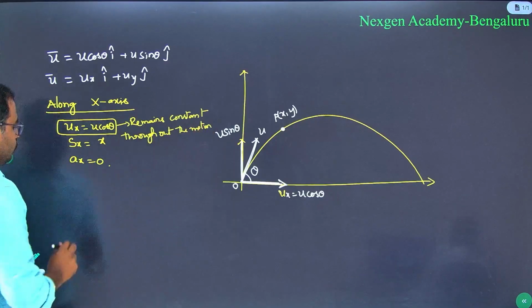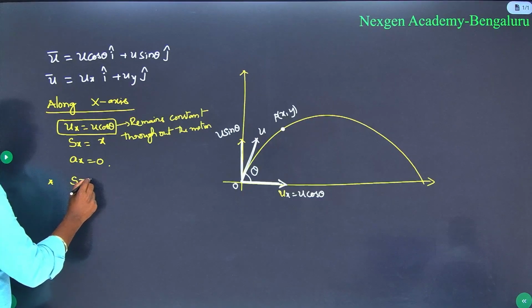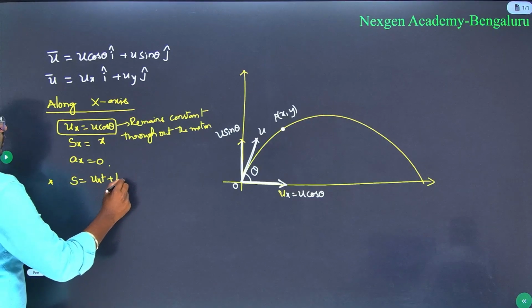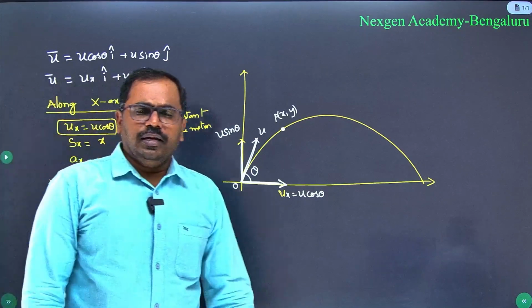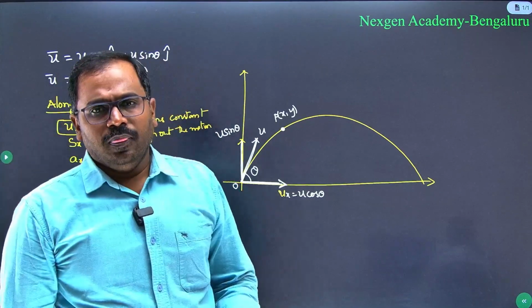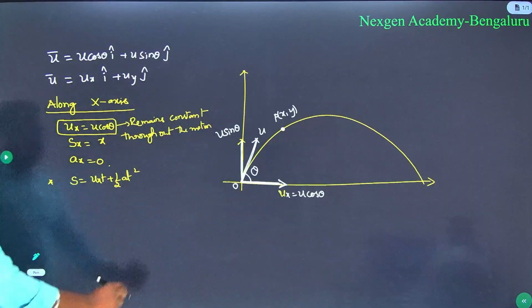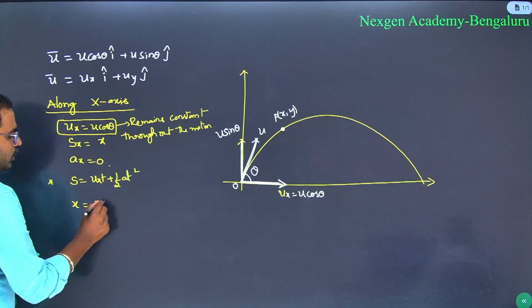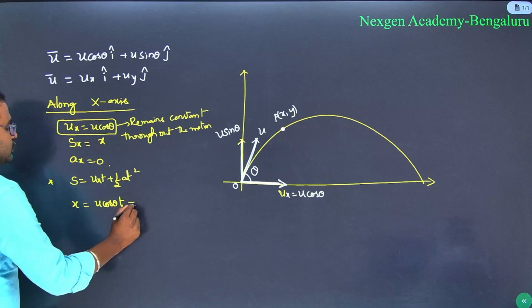Okay then. Now we know that displacement s is equal to horizontal velocity into time plus half a t square. Here acceleration in the horizontal direction is equal to 0. Therefore only displacement is equal to velocity into time. This can be x is equal to u cos theta into time plus 0.